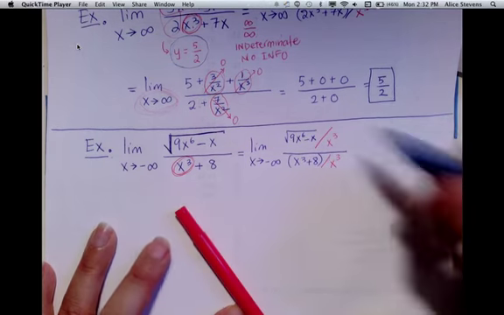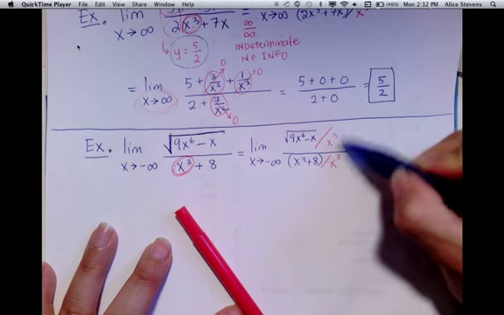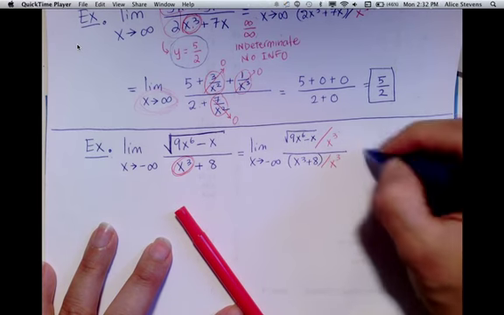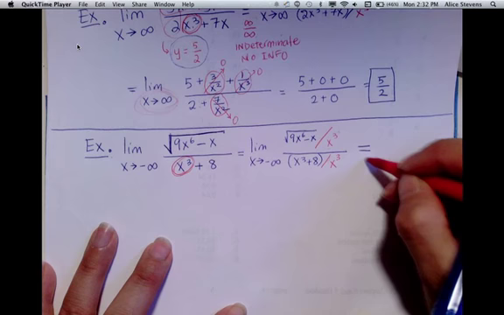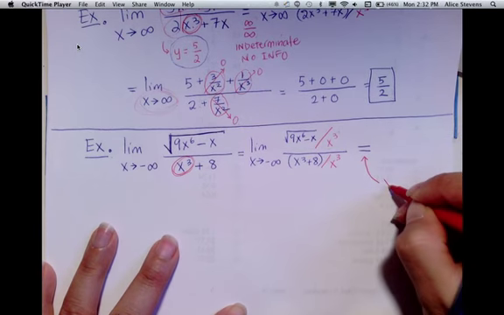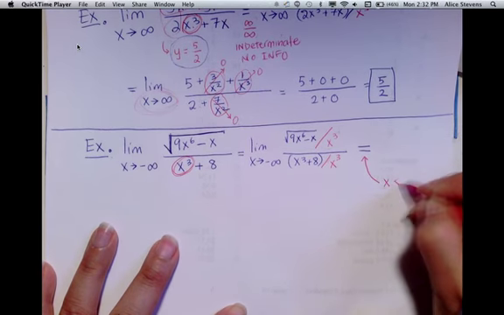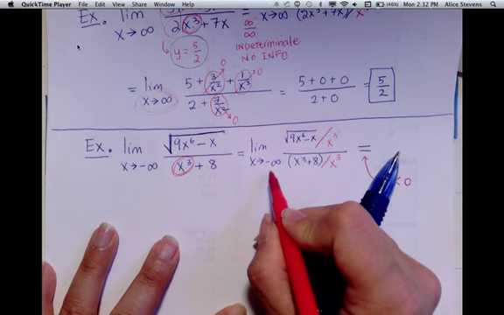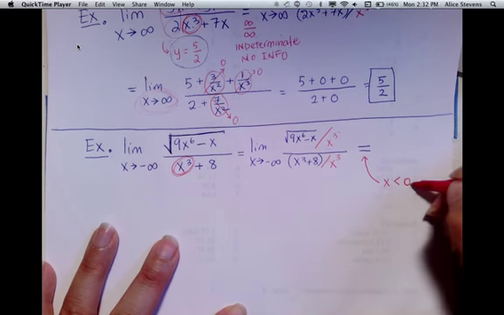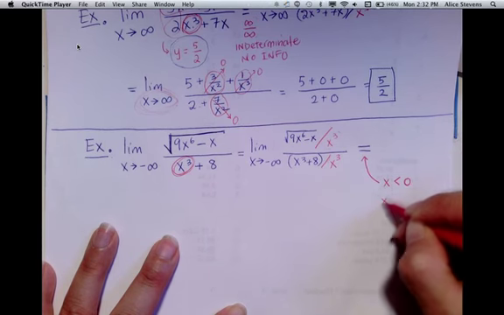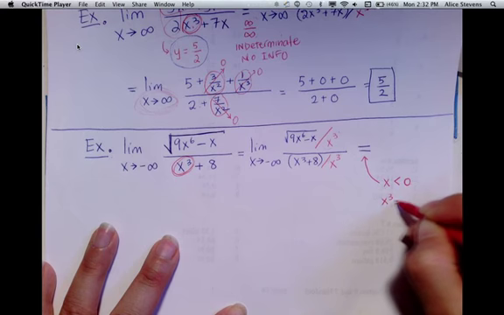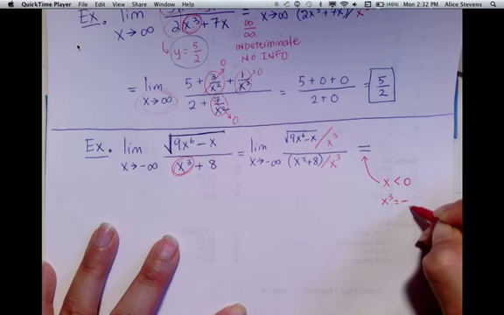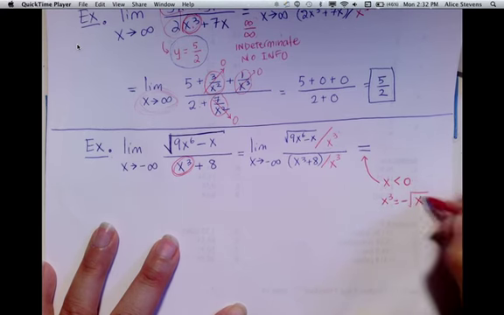Okay, now I want to bring the x cubed into the square root, but I have to be a little careful to note that x is a negative number, and the reason I know x is negative is because I'm approaching negative infinity here. Since x is a negative number, we have that x cubed is equal to negative square root of x to the 6th.